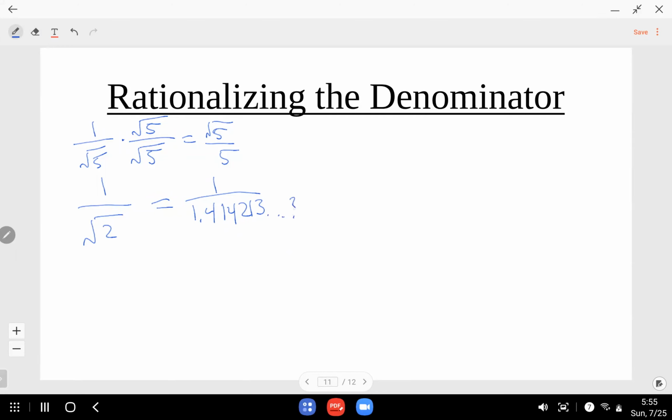Okay. So if we rationalize the denominator, it's going to be square root 2 over 2. That's basically 1.414... over 2. Now that's easy, right? Okay, hold on. You divide that by 2, it's just going to be 0.707... That's how we're supposed to do it.